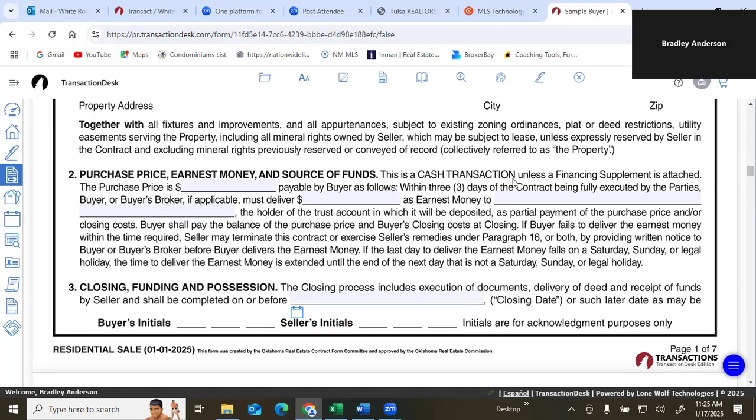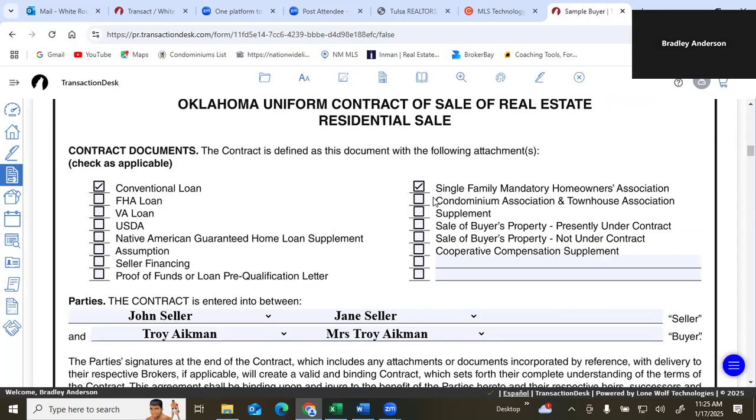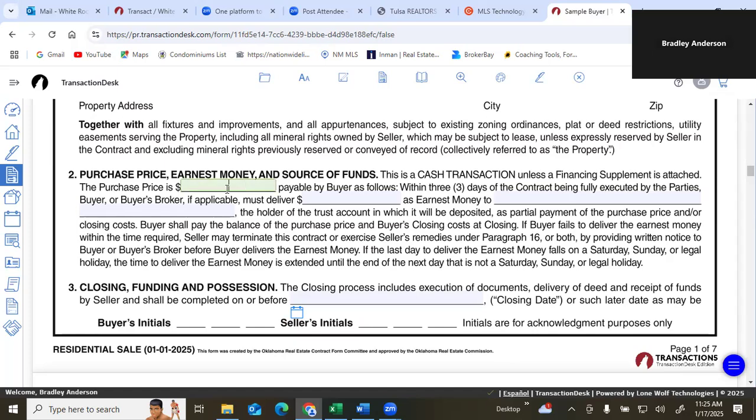All right, so then it goes on to say paragraph 2, purchase price, earnest money and source of funds. This is a cash transaction. Okay, it defaults to the assumption that it is a cash transaction unless a financing supplement is attached. All right, and oh, by the way, we've noted that it is. And the purchase price, let's just say it's $400,000, payable as follows.